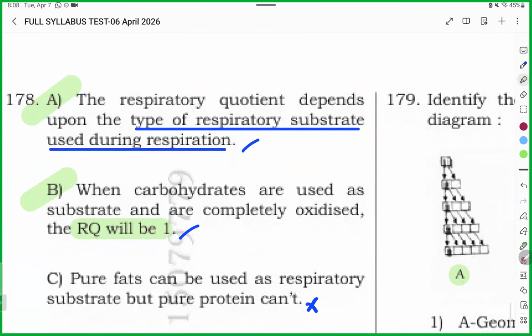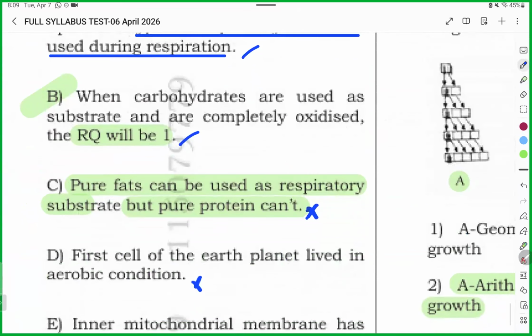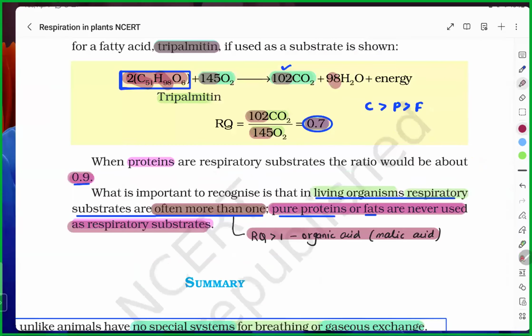Brinder, pure fat can be used as a respiratory substrate, but not pure protein. So wrong. Wrong. Correct. Wrong. Next statement. First cell on the Earth planet lived in aerobic respiration. Anyway, this is a wrong statement, I'm just checking.